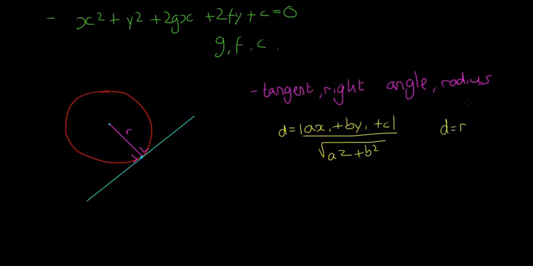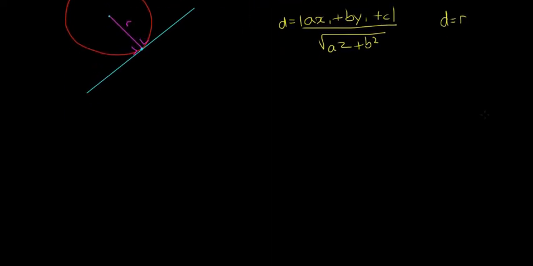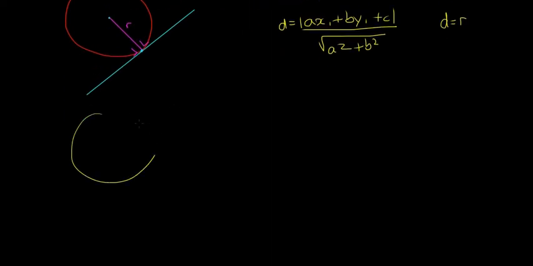The next piece of info we need to know is about chords. I'll draw a quick picture of a circle again. I'm actually going to draw another one because that's awful. A little bit better. And I'm going to draw a red line across it. So this is our chord. A chord is just a line that goes across a circle. Now, if you draw a line from the center point of a circle down to a chord, like this, one, it's going to be perpendicular.